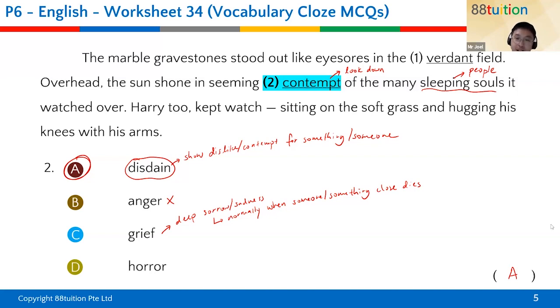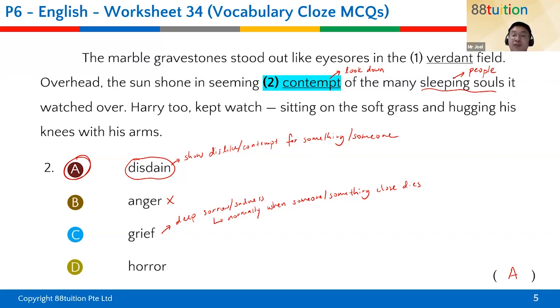Is disdain unworthy? Disdain is not the word unworthy directly, but disdain means you are looking down at someone else and you think that they are not as good as you because you think they are unworthy. But the word disdain is not unworthy because disdain is a verb or it's an adjective.